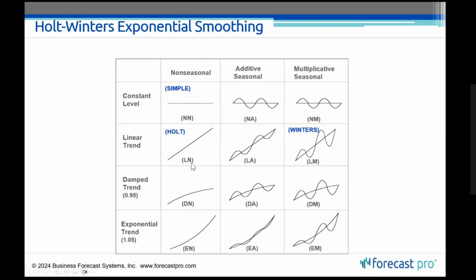The second letter is used to identify the type of seasonality: N for not seasonal, A for additive, M for multiplicative. So if I say something like I built an LA model, that means I built a model with a linear trend and an additive seasonal pattern. Okay, so it's just a little nomenclature for being able to say, here's the model I used.